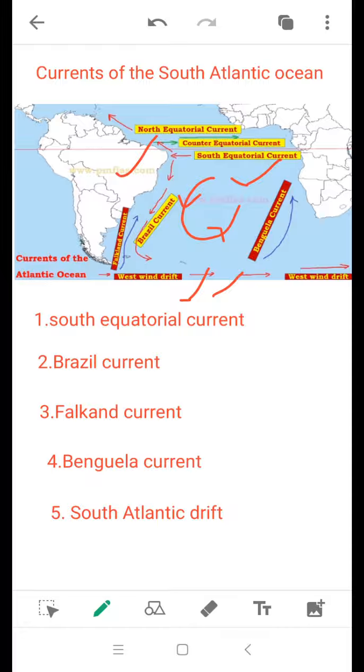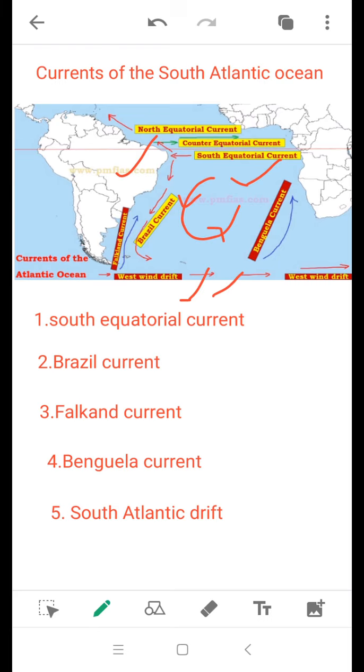That's why it is called Brazil Current. And at around 35 degrees south latitude, we have Falkland Island, which is very cold. So when the water moves from that Falkland Island, it becomes very cold. So when the warm water of Brazil and the cold water of Falkland Current meet here, also another fishing ground is created.